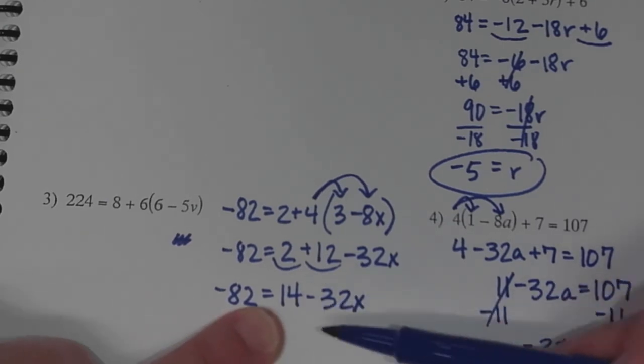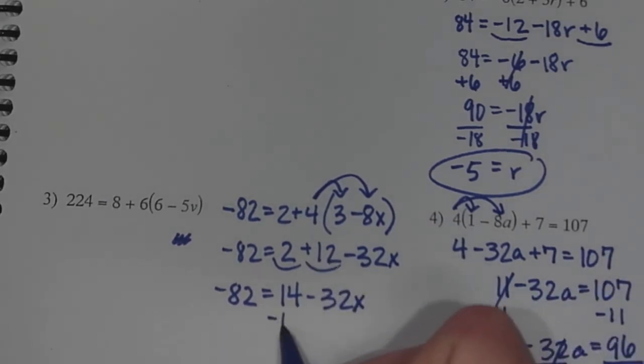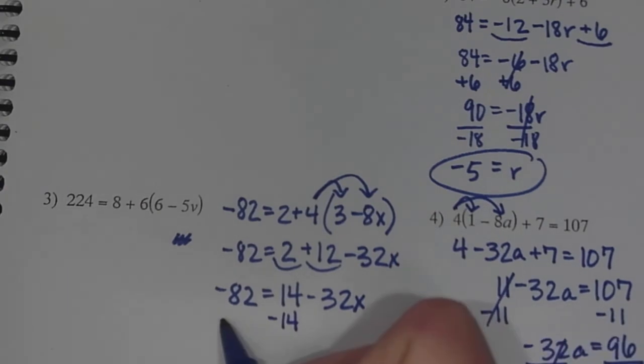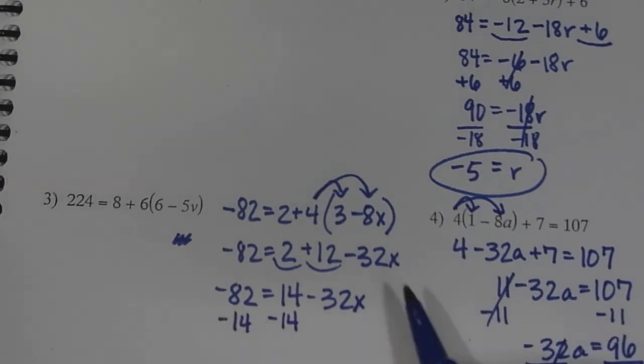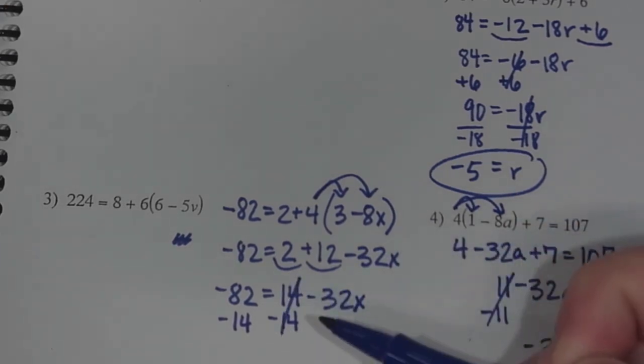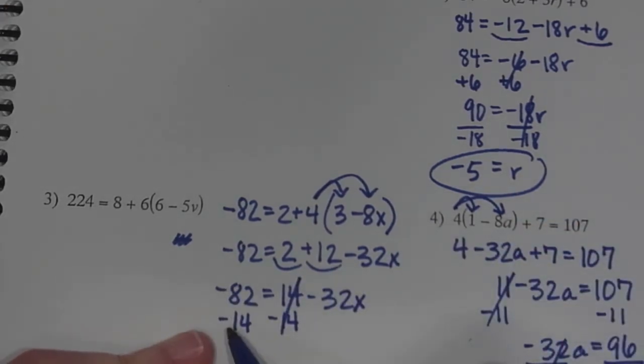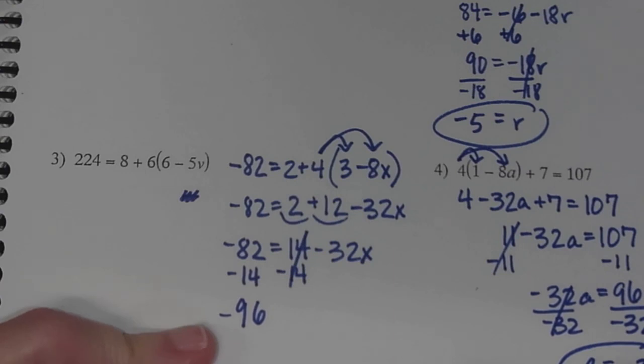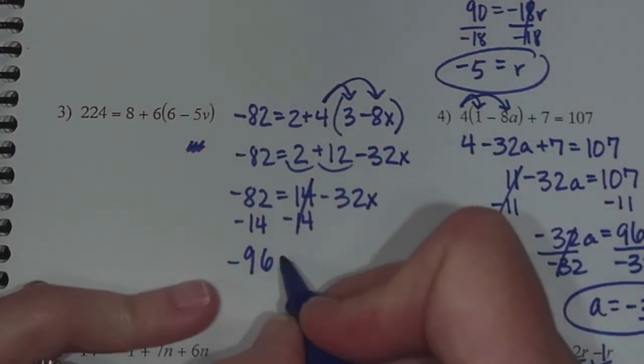Get rid of the 14 first, so minus 14, because it's farther from the variable, and you want to save that variable term for last. So 14 goes away. Negative 82 minus 14, absolutely use your calculators if you want to. I'm pretty sure this is going to give me negative 96. And let me get that back on our screen if that was off, I'm sorry.